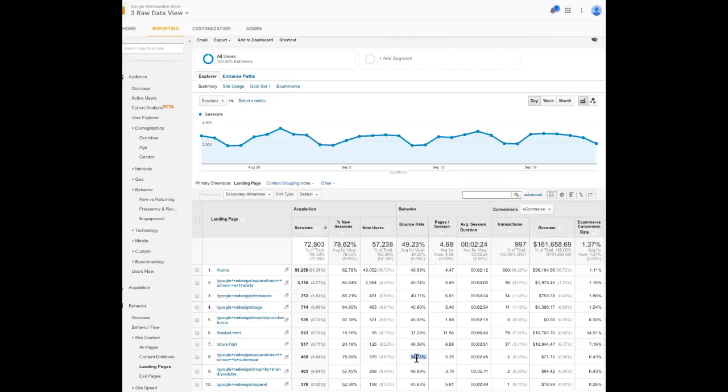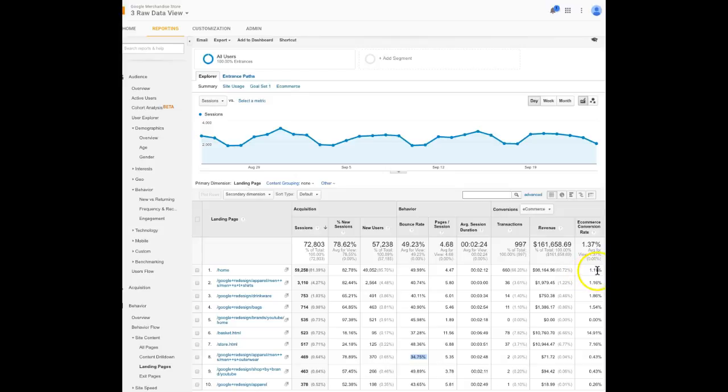The other thing I'm really interested in, more than anything, is this e-commerce conversion rate. This e-commerce conversion rate basically says, percentage of sessions that resulted in a transaction. I love it. So of all the sessions that were out there, how many of them converted to do what we wanted them to do?